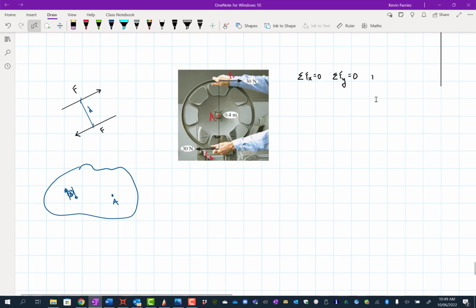But in this case, the forces don't converge, so you need an additional criterion, and that's that the sum of all the moments must also be 0. So let's have a look at these different criteria in the context of a couple. We'll look at this one first.